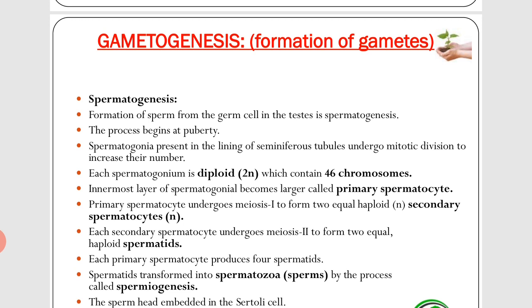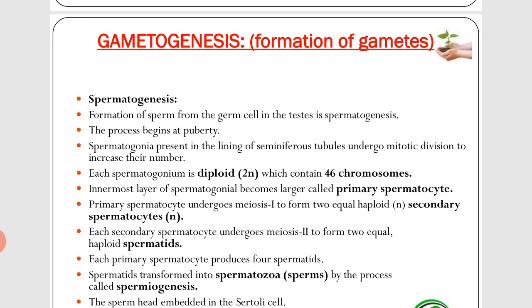Once they multiply, some of the spermatogonia will grow for a brief period of time, and they are now called primary spermatocytes. Remember, spermatogonia after mitotic division will increase in number, but all of them will not grow.